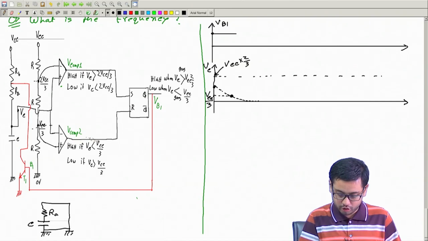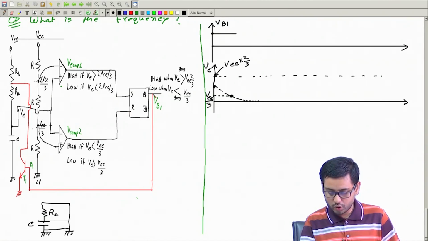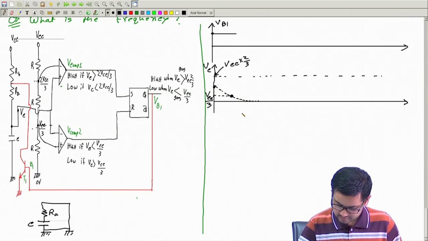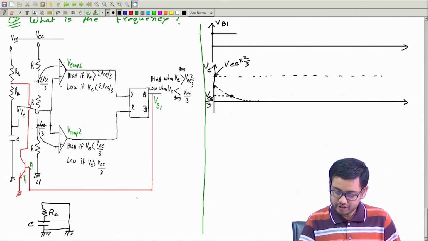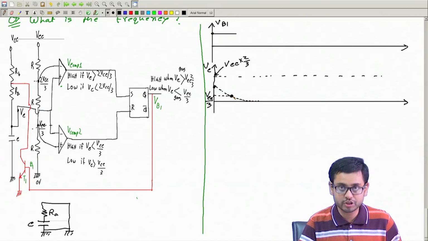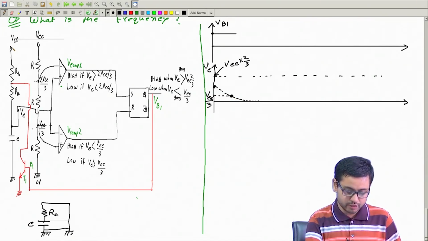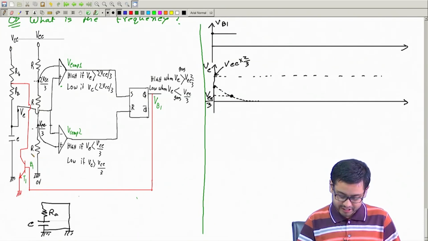The output is high, reset will be triggered, so this will be low. Then this switch will be off, and the capacitor will start to charge instead of discharging.